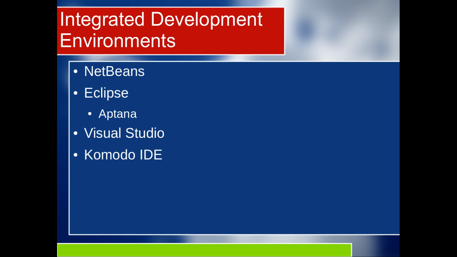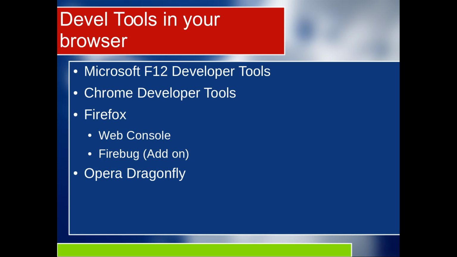But one of the advantages that people use IDEs for when they're working in a specific language is to be able to trace code. In JavaScript, that's not so much of a problem, because most of the browsers have these tools already built into them. Microsoft has the F12 developer tools, so if you push F12 in Internet Explorer, you're going to get a full suite that lets you select elements to see what the names of them are and identify what they are.